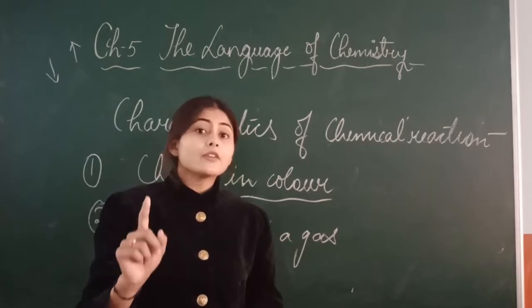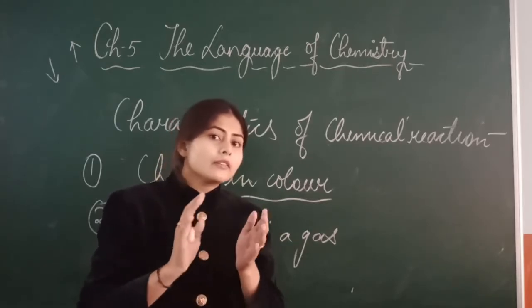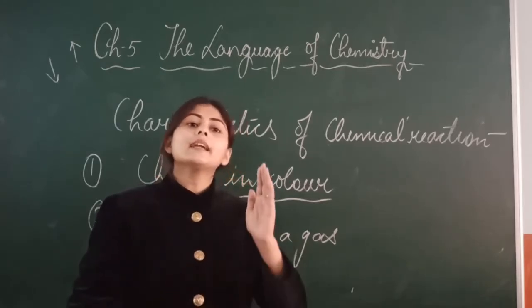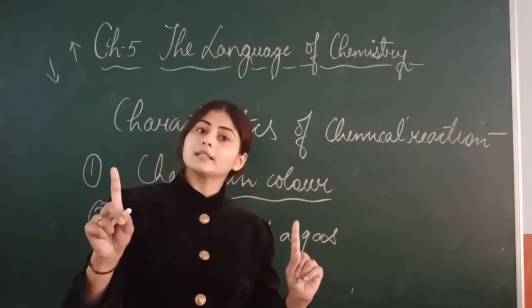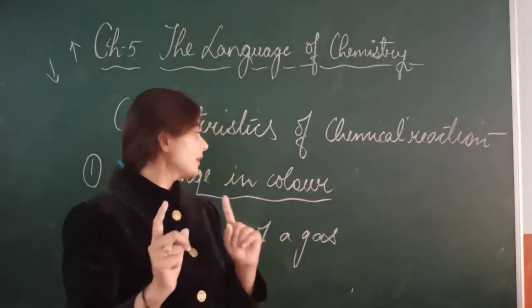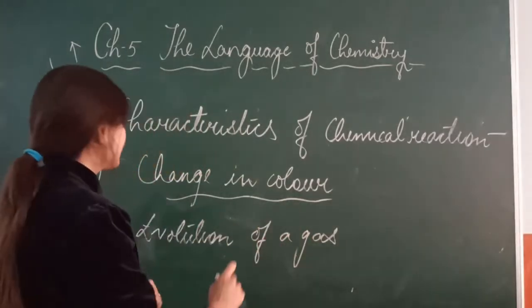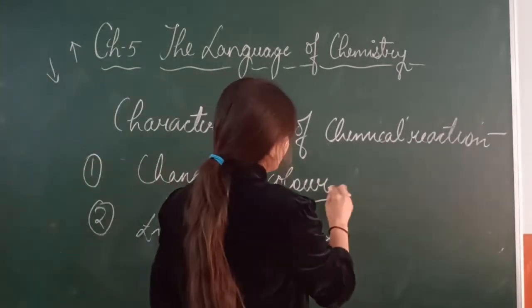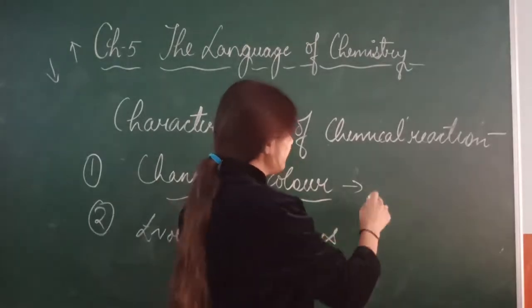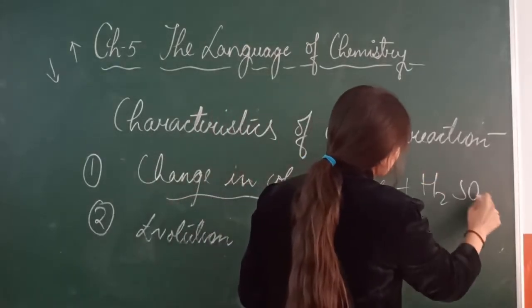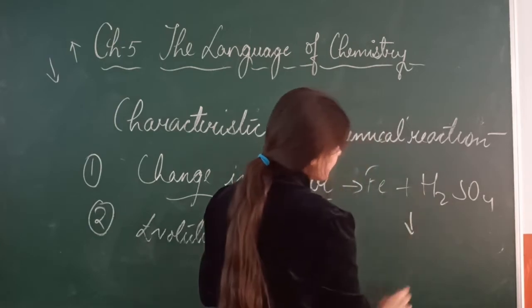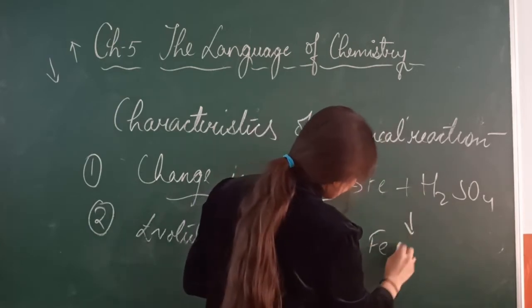FeSO4 is light green in color. Let me write the reaction if you are not understanding what I am saying. This is the example: when iron reacts with H2SO4, what will you get? You will get FeSO4.